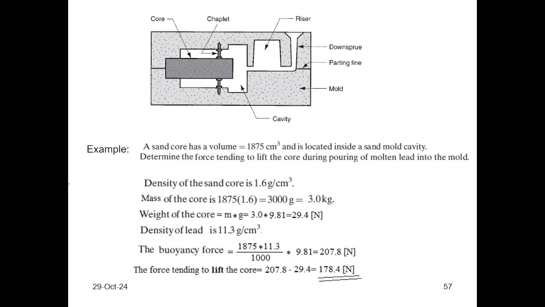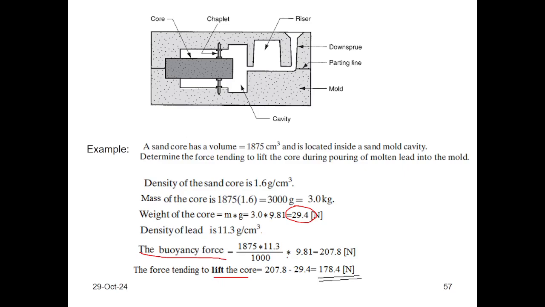And then an example. Find the lift. It is the question. Determine the lift. Well, buoyancy force is equal to, in the example, 208 newtons. Weight of the body is 30 newtons, you see. It is necessary to use a chaplet to balance the lift. How much is the lift?